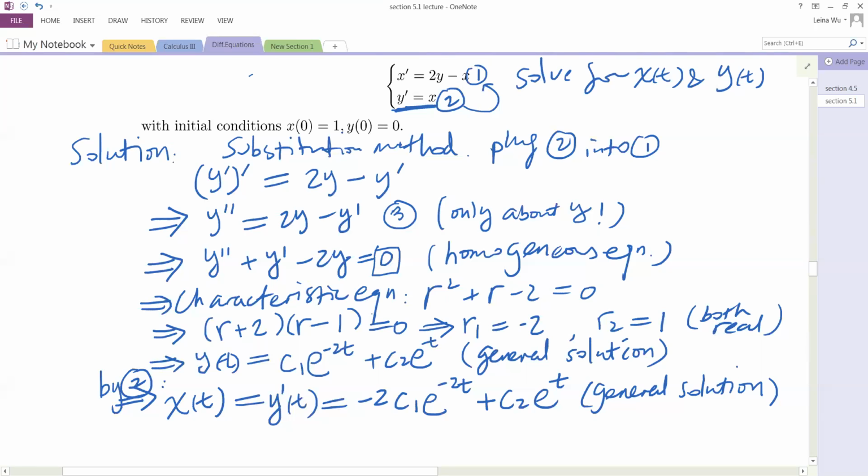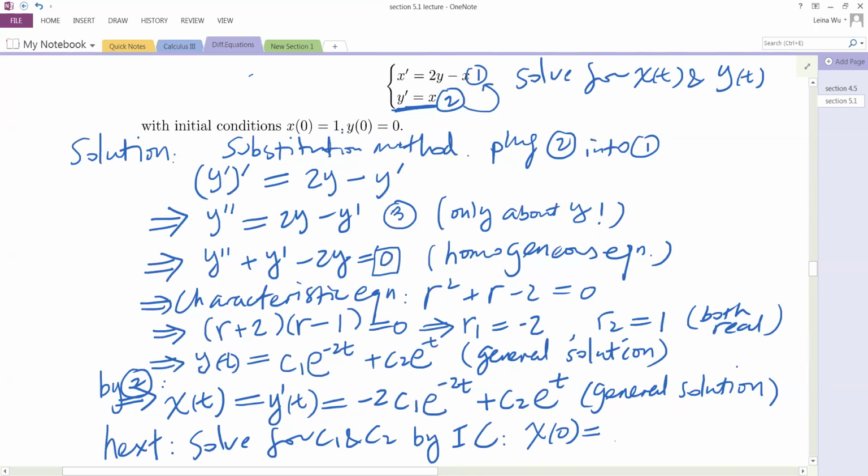Okay, next, let's solve for c1 and c2 by using initial conditions. We have two coefficients to determine, so we need two initial conditions. One is x of 0 equals 1.